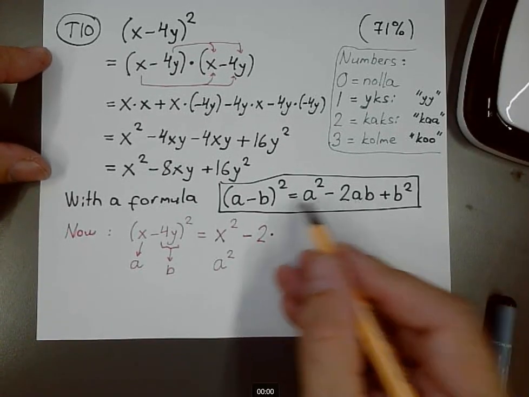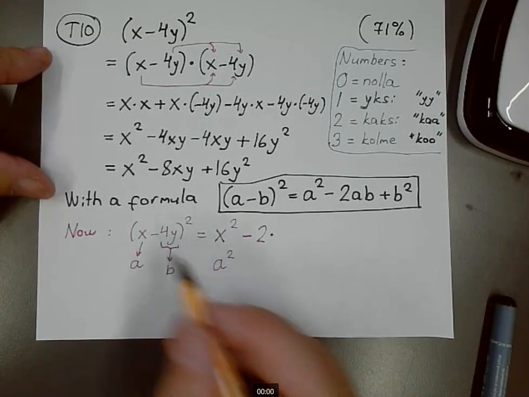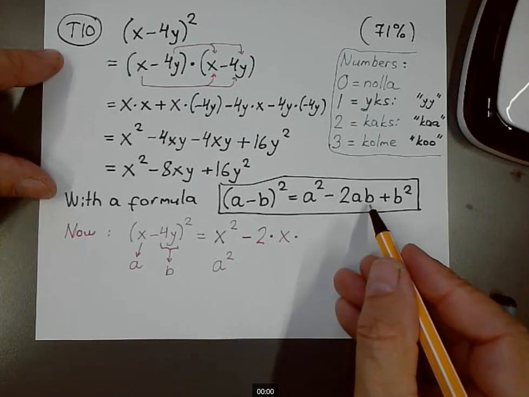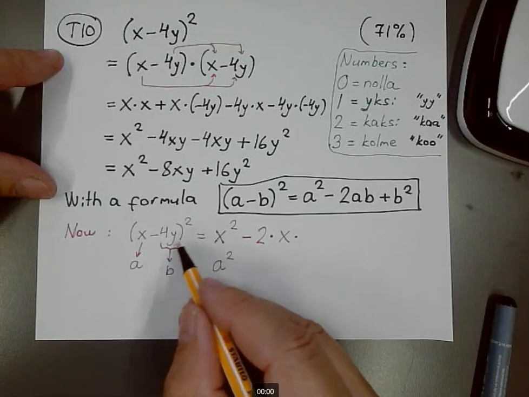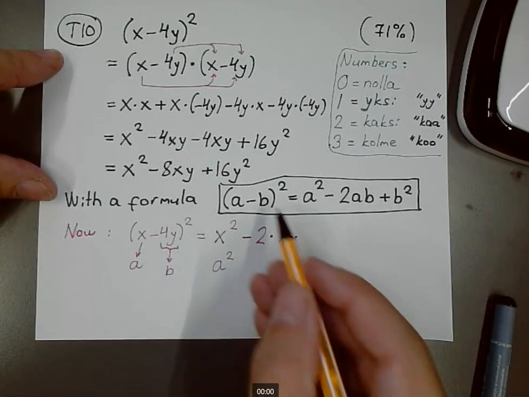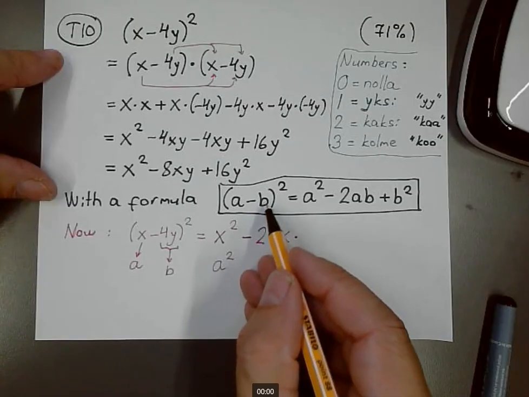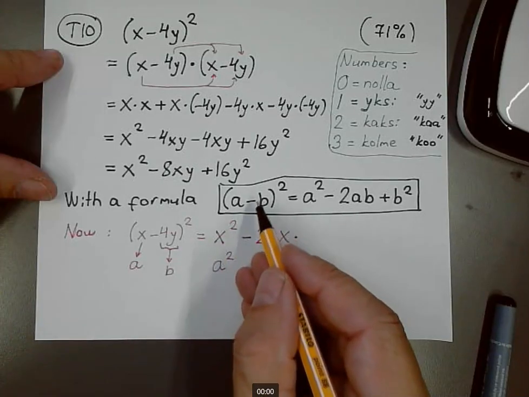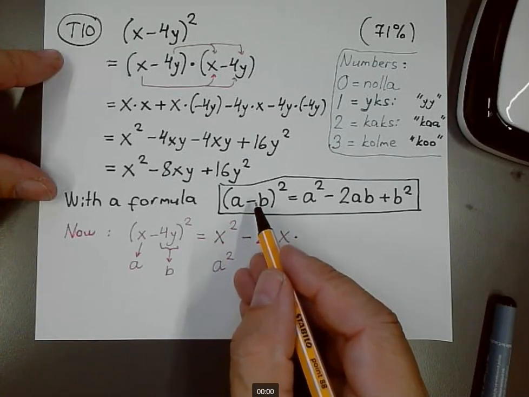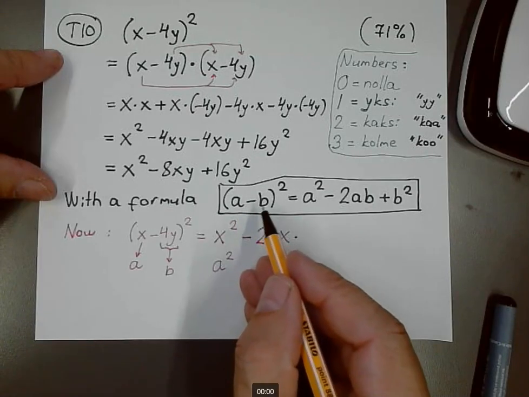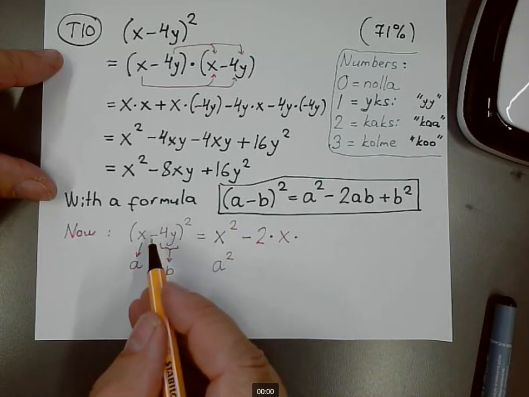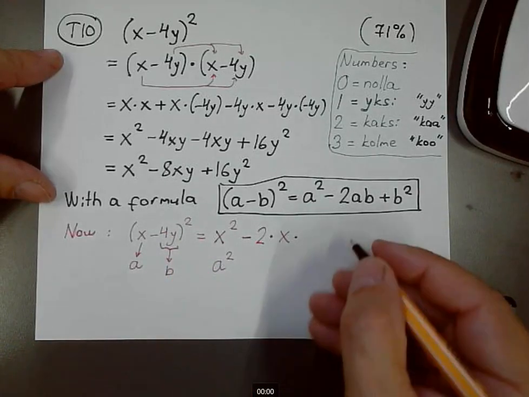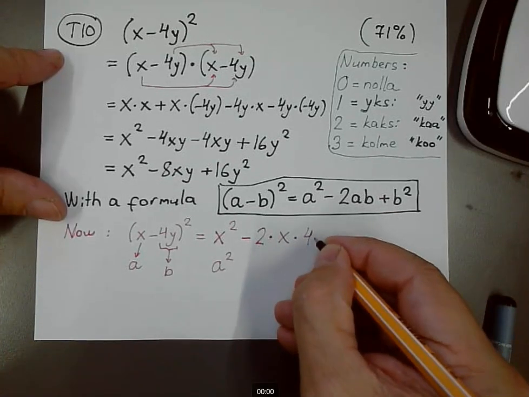Here we have again a, and a was the first part, so now it is x, and then we have this b here, and now b was this 4y. Remember that in this formula, this letter b means that part of the expression which comes after the minus sign. So this minus sign doesn't belong to this b. Here we have the minus sign, and after it there is 4y. So this b will be 4y.